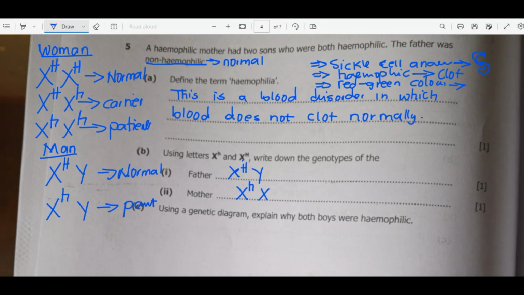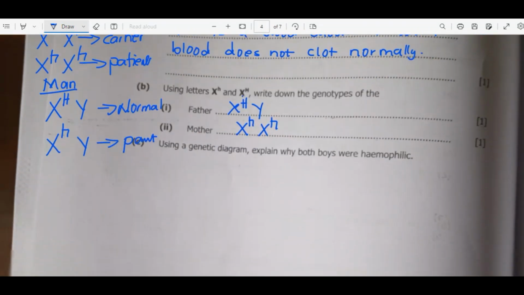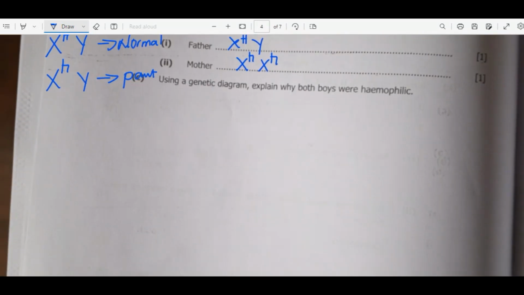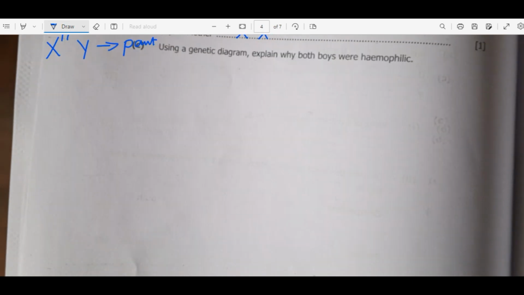So we have small letter h, also here small letter h. If you're able to master these genotypes that I've given you, then this question will always make sense. Then for question C, using a genetic diagram, explain why both boys were hemophiliac.